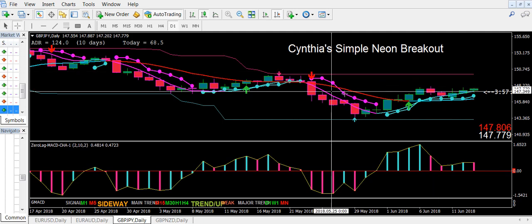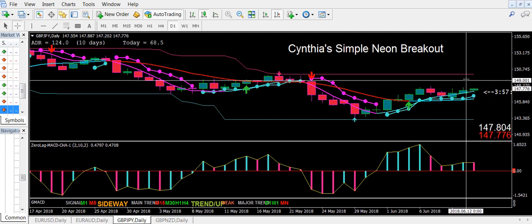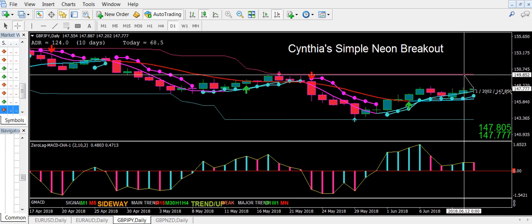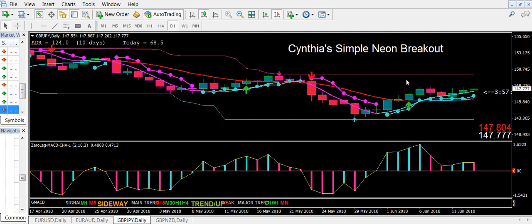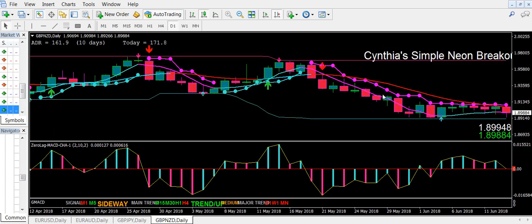We're right in the middle of the range, so even if you jump down to a 4-hour chart or a 1-hour chart to get a good entry, you're still 320 pips away from your potential target, which is the resistance of the Donchian channel.